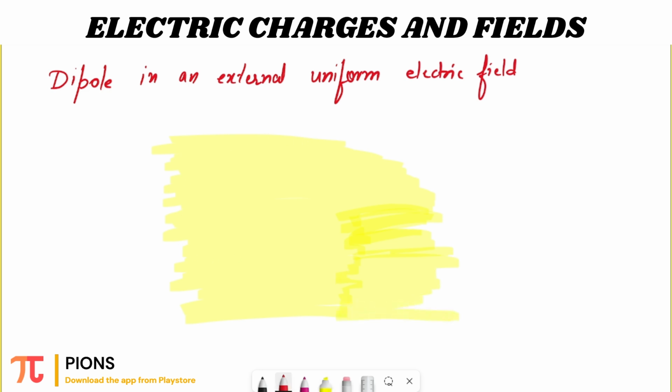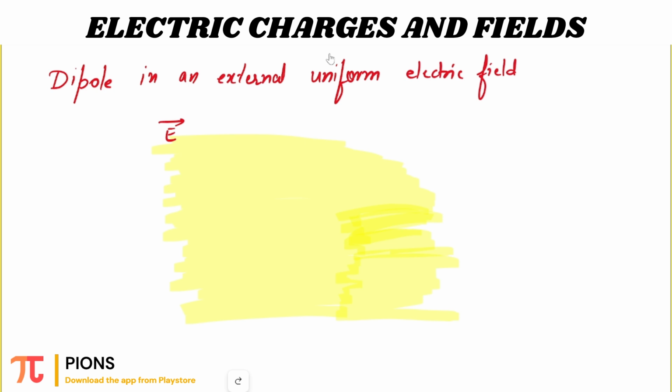Sir, who is applying this field? Maybe some charge, we don't care about that charge. What we care about is that we know the value of this electric field and that it is fixed. That's why it is called uniform. At each and every point, if I place it here, or here, the field is constant, it is not changing. Can you give a particular example, like 2 Coulomb, 10 Newton per Coulomb? Who is applying that? We don't care. We just care about the value of the electric field in this region.